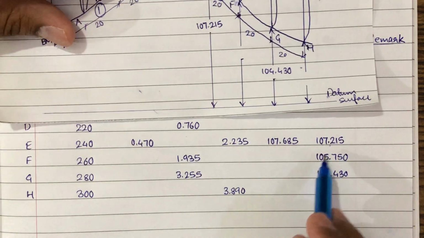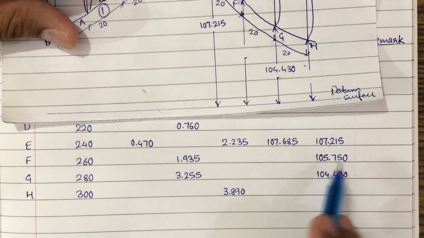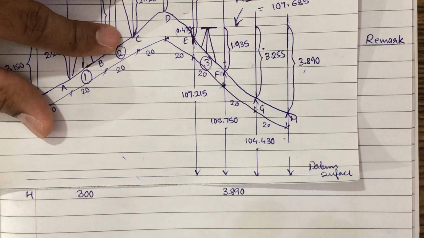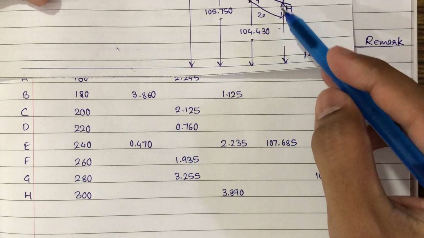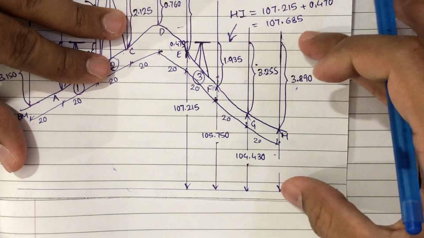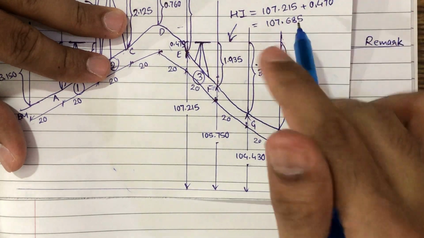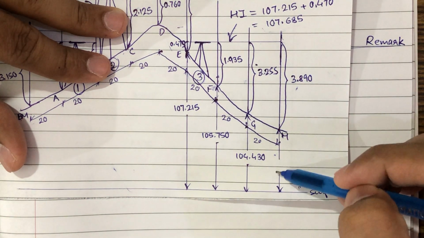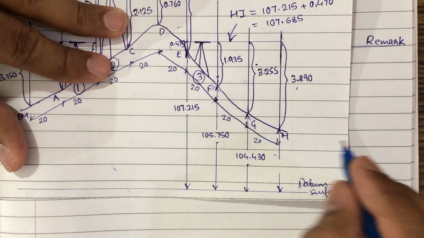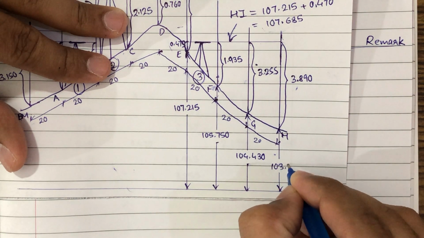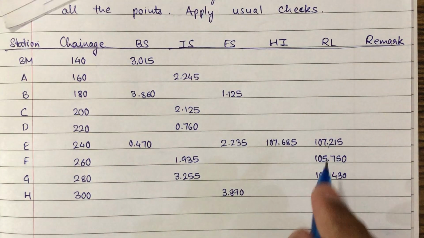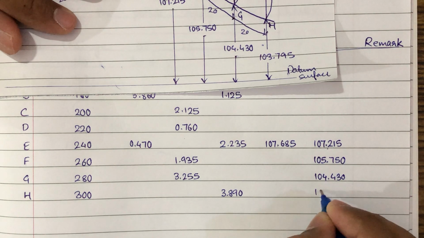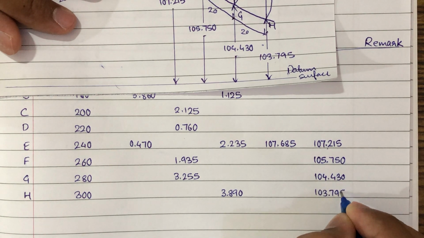Similarly, we need to calculate RL at H. It will be 107.685 minus 3.890, and this value comes out to 103.795.